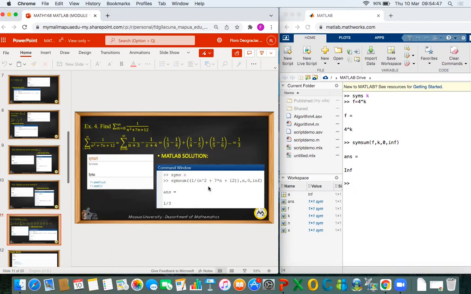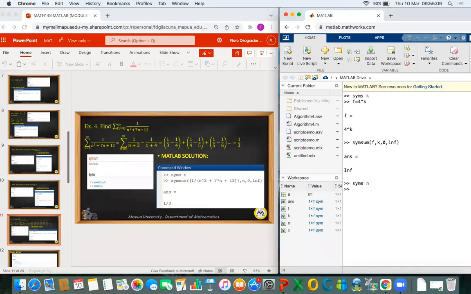Now for Matlab, we can easily get the value of the sum of the series, which is 1/3, by using symsum. Okay? So you have this now, class. Again, the variable present here is n, so you need to declare that using syms n.